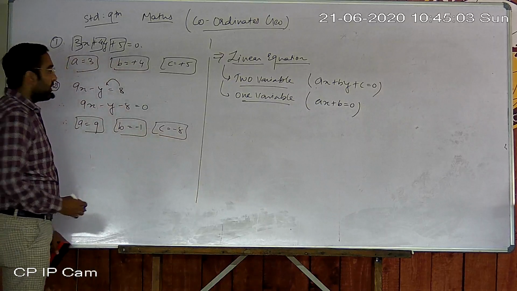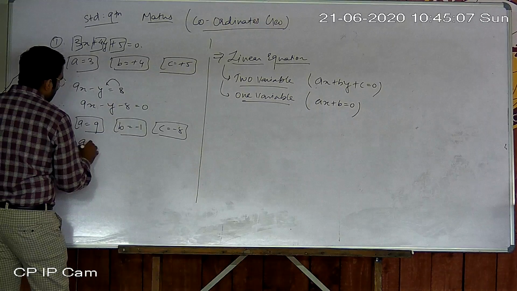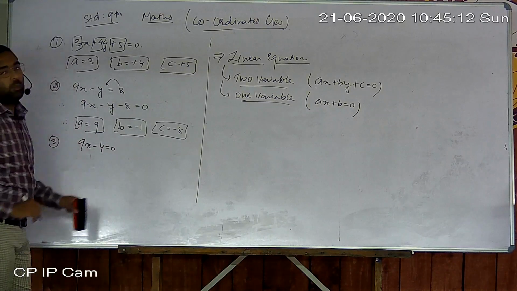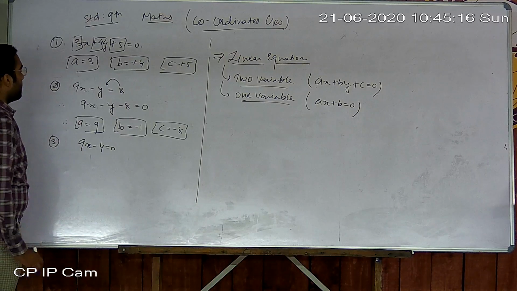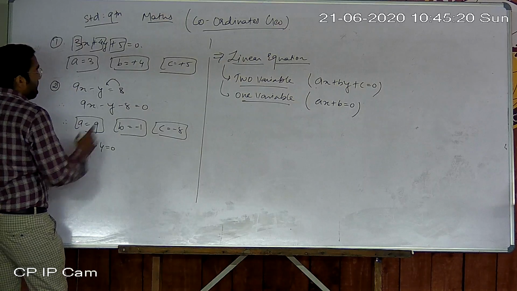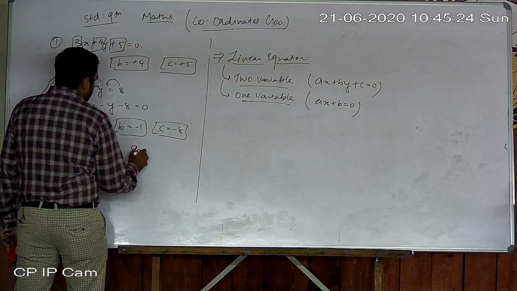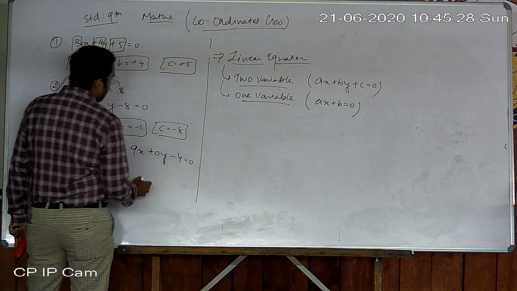Another example is 9x minus 4 equal to 0. Here you see that there is no y variable. So as per the standard form, I'll write it as 9x plus 0y minus 4 equal to 0.